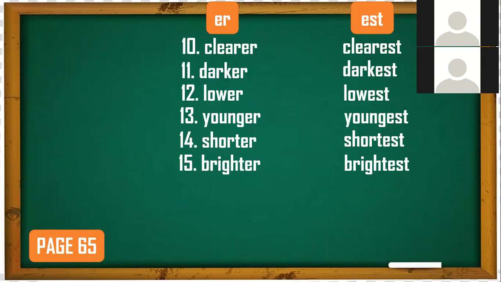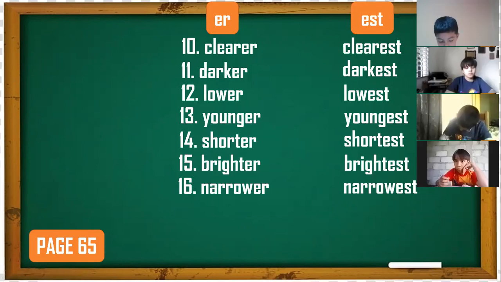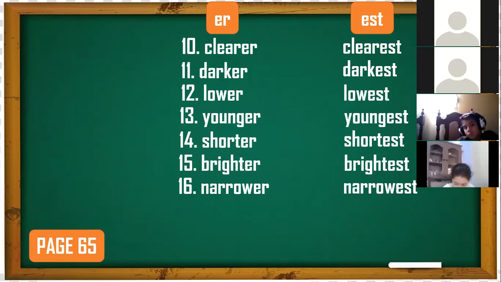Now let's continue with Monica. Monica, the word number 16. Narrow. Narrower. And EST? Narrowest. Very good. Excellent. Well done, Monica.